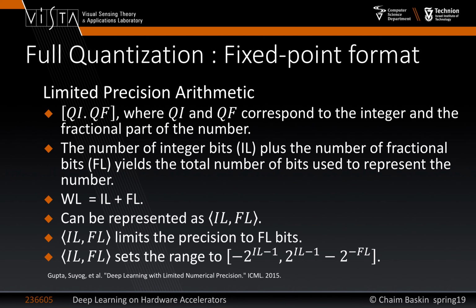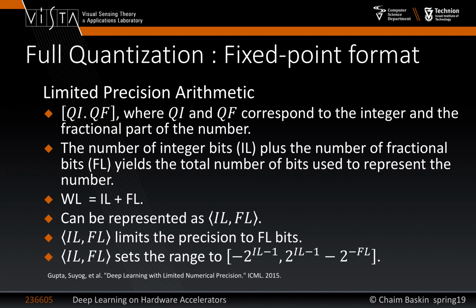The number of integer bits is IL, plus the number of fractional bits FL, and this yields the total number of bits used to represent the number. So our WL is IL plus FL, and it can be represented as a tuple of IL and FL, where the precision is limited to FL fractional bits.